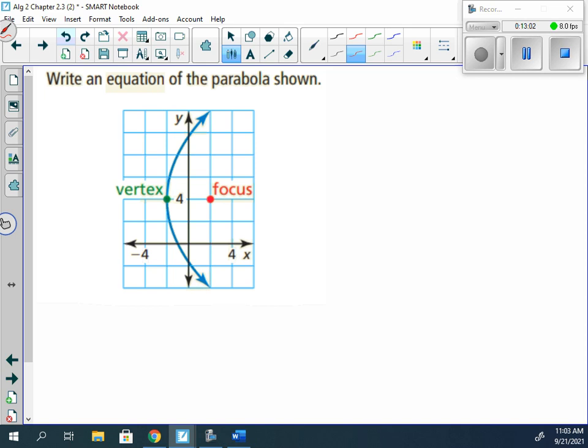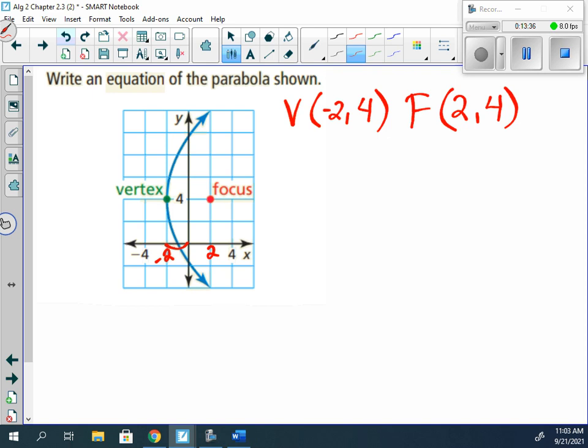Well, we look at this here. What is the vertex? So again, they're going by 2, so this is -2 for x, and the y value is focus. So between the vertex and the focus, is the x or y changing?